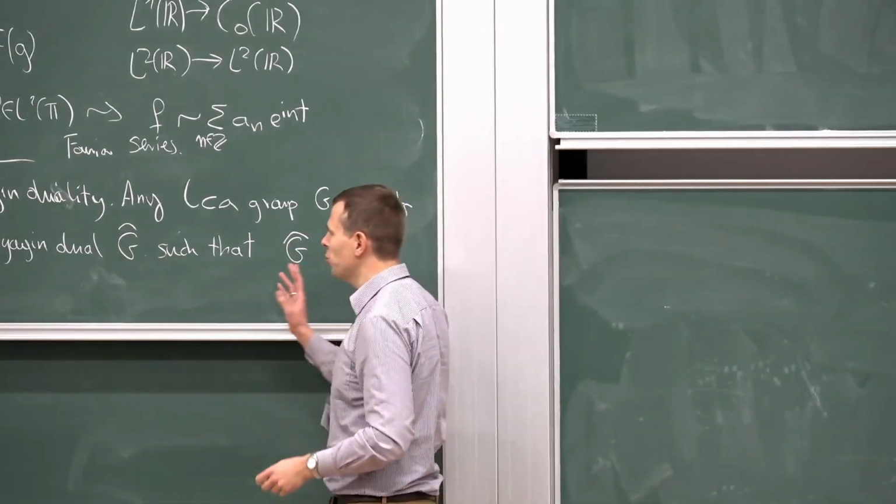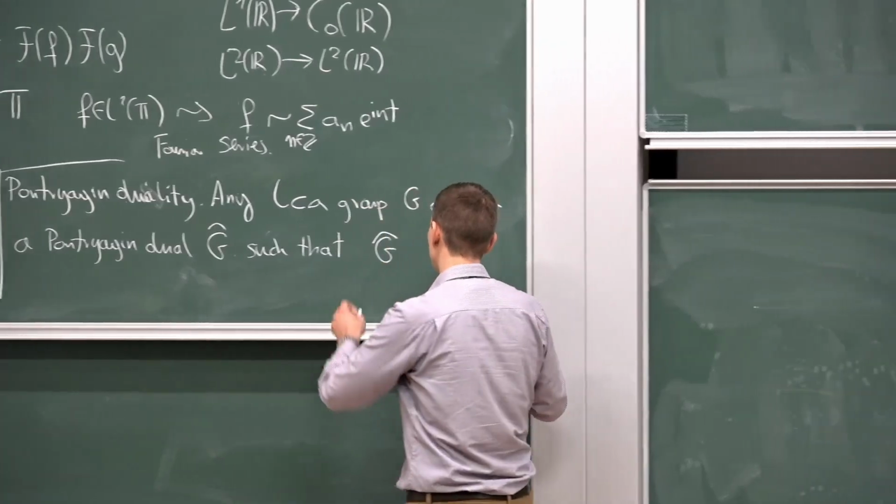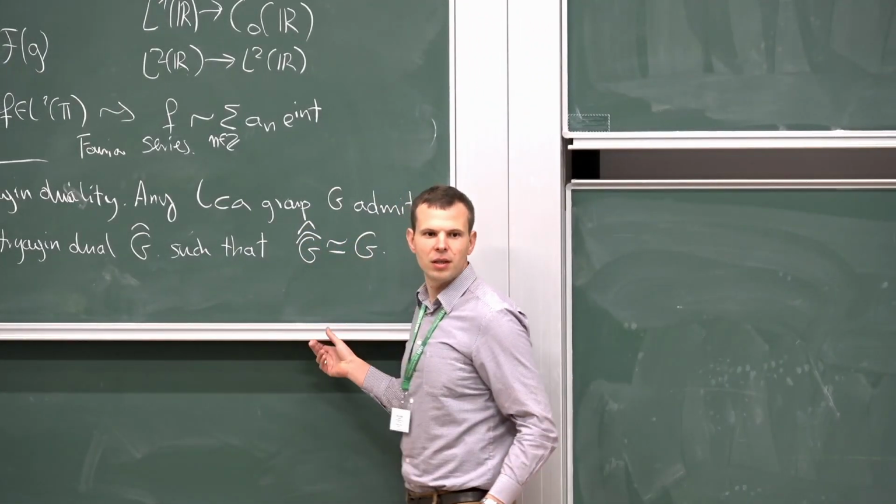The Pontryagin dual will also be a locally compact abelian group, so it will be of the same type. And if you do this operation twice, you recover the original group.